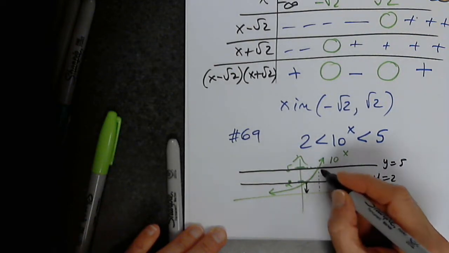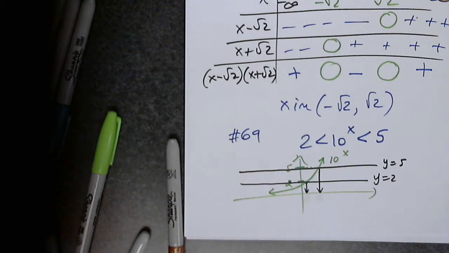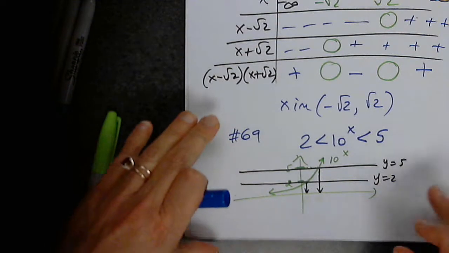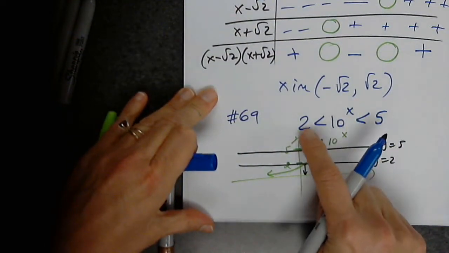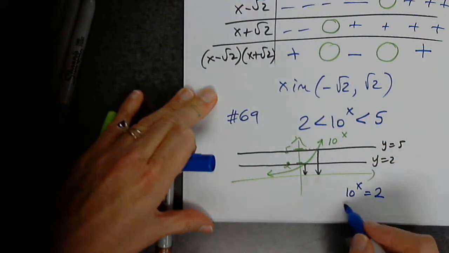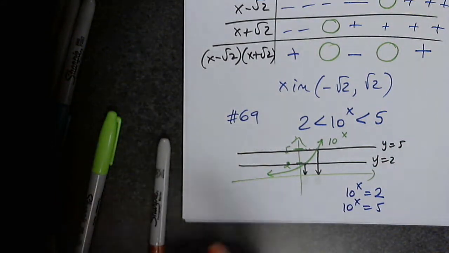And the question is, what is x? So how do I determine that? By solving the equation 10 to the x equals 2, and then solving the equation 10 to the x equals 5, and then putting those numbers here.